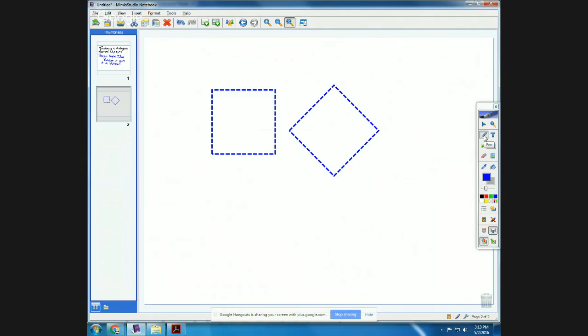And so when we do rotations, there's always going to be a central point to think about. So I have some central point. I have some starting direction.